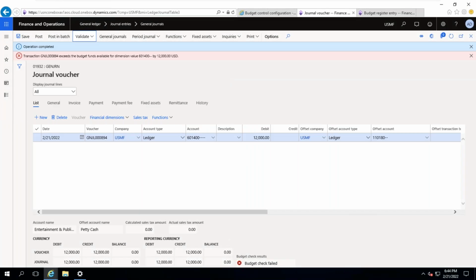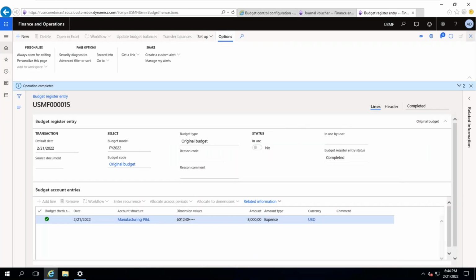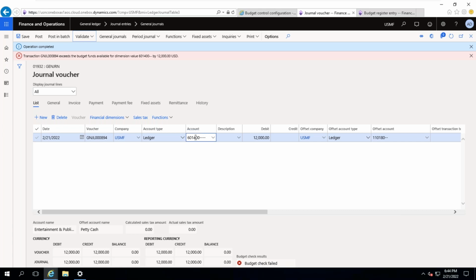This should show 4,000, but this is maybe a bug. Okay, 601400. Sorry, this is 601240. That is my mistake. That's what I'm verifying. Okay, 601240.